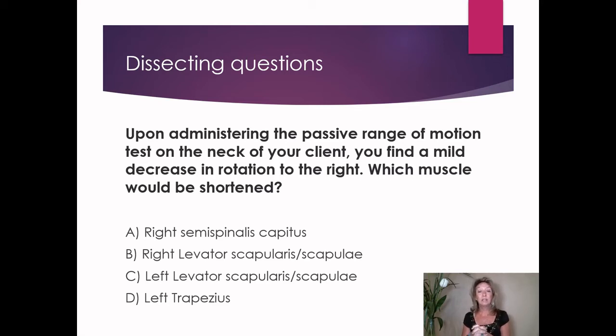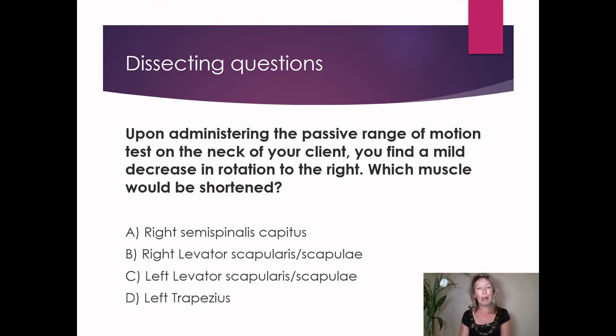What muscle would be shortened? A, right semispinalis capitis, right levator scap, left levator scap, left trap.